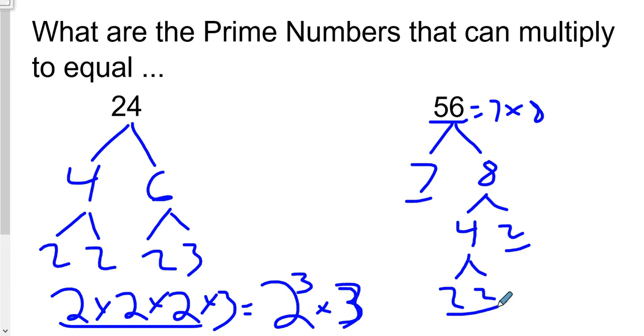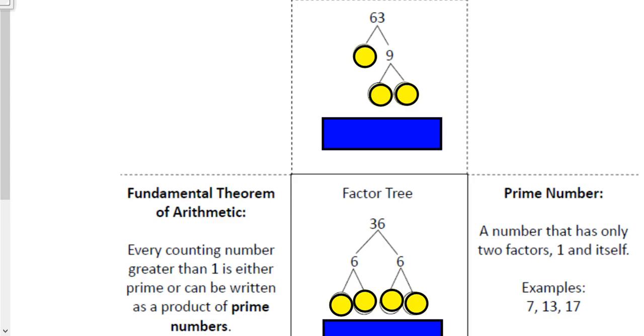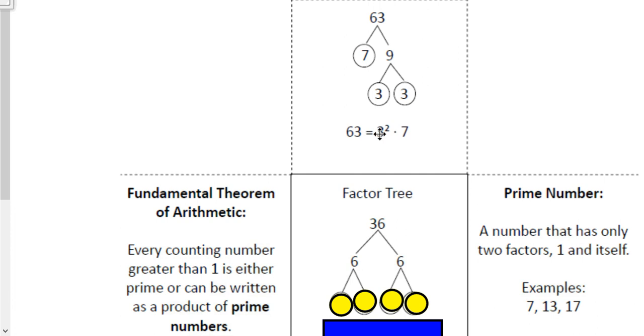So here I have a 2 and a 7, and I have 1, 2, 3 twos. So in your notes, we had 63. We had 7 times 9, 63. 3 times 3 is 9. And that is 3 squared times 7.